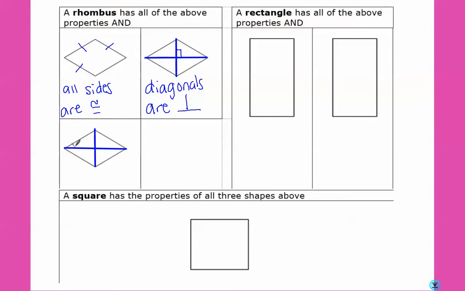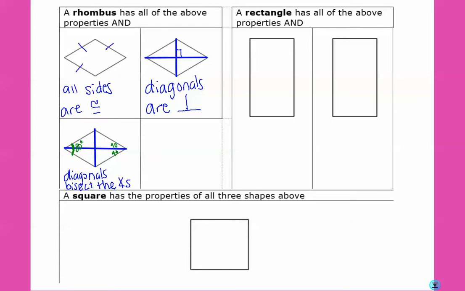So if this whole big angle here is 80 degrees, then we know each little piece would be 40 degrees. And we can do that because the opposite angles are still congruent from the parallelogram rules. So the diagonals bisect the angles. So those are the special rules for a rhombus.